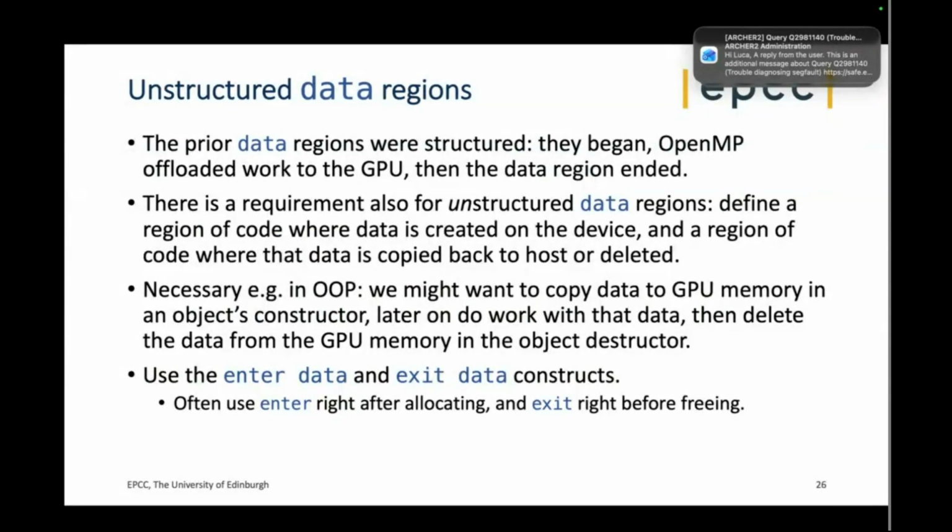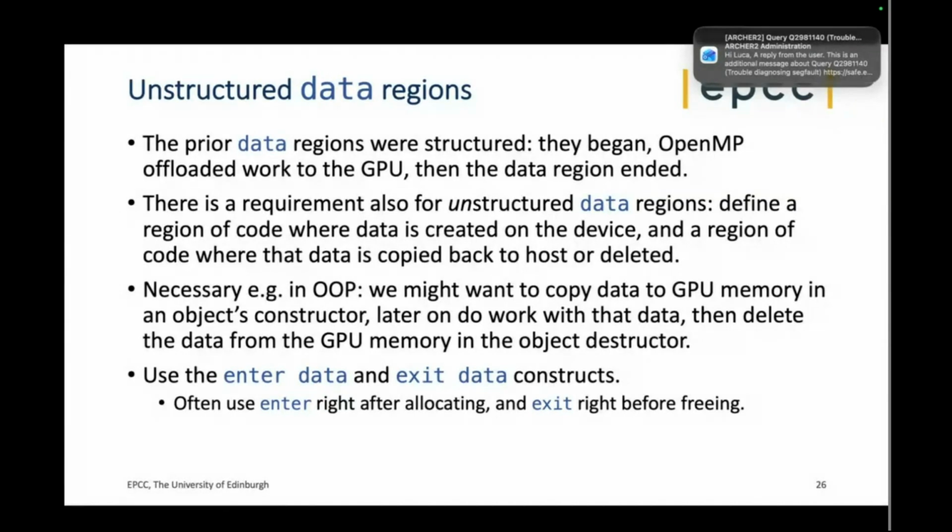The way you do it is with target enter data, followed by which transfer you want to do, essentially using the map concepts. And if you want to get the data back, instead of enter data you use exit data.